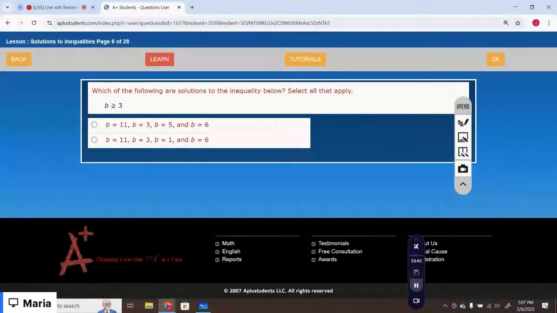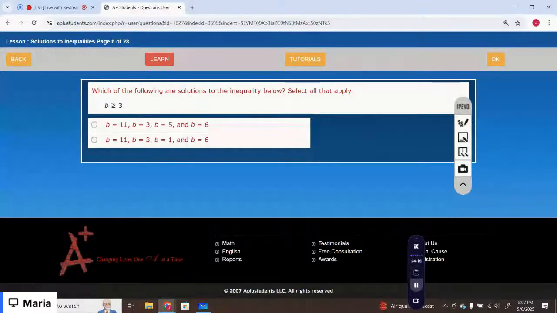Which of the following are solutions to the inequality below? B is greater than or equal to 3. 11 is greater than or equal to 3. 3 is equal to 3. 5 is greater than or equal to 3.